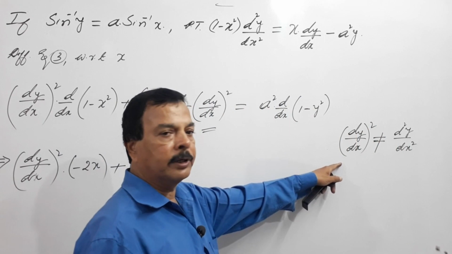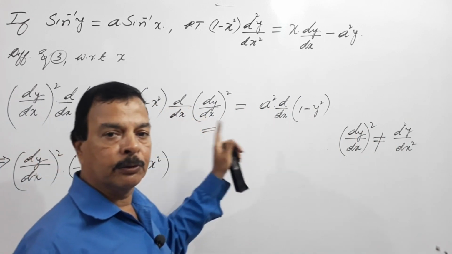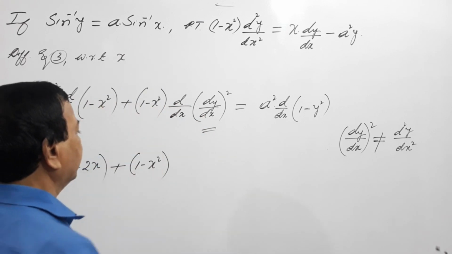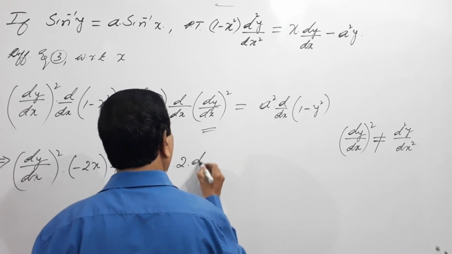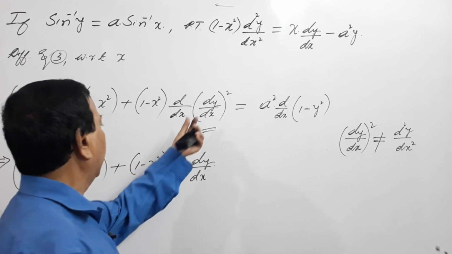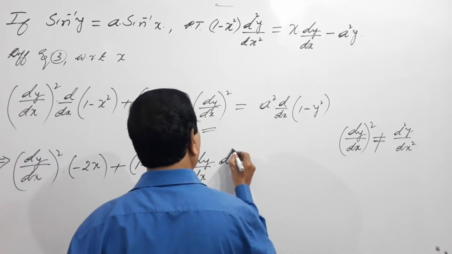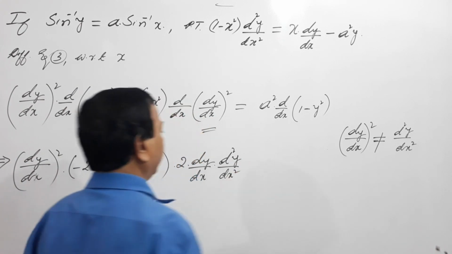Most of the students commit this mistake in examination. You're not supposed to do that, because I'll show you. So you have written as it is. This becomes what? Into 2 into dy by dx, and dy by dx of this will become d square y by dx square.